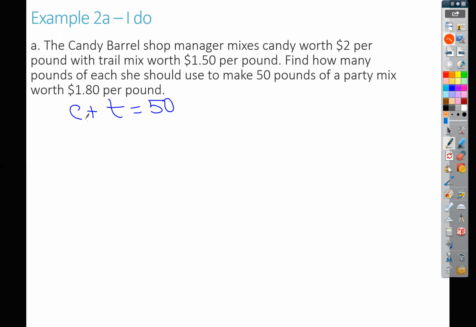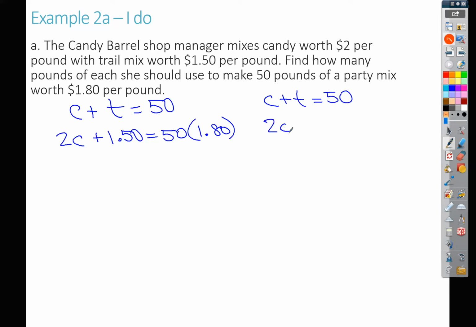The candy is $2 and the trail mix is $1.50, and she's wanting to make a batch that's $1.80 a pound, and she's going to have 50 pounds. So the total cost of this mixture is going to be $90, because it's 50 pounds at $1.80 a pound.